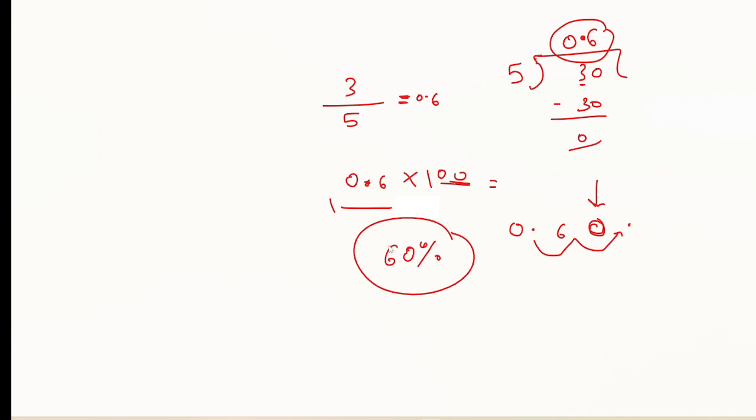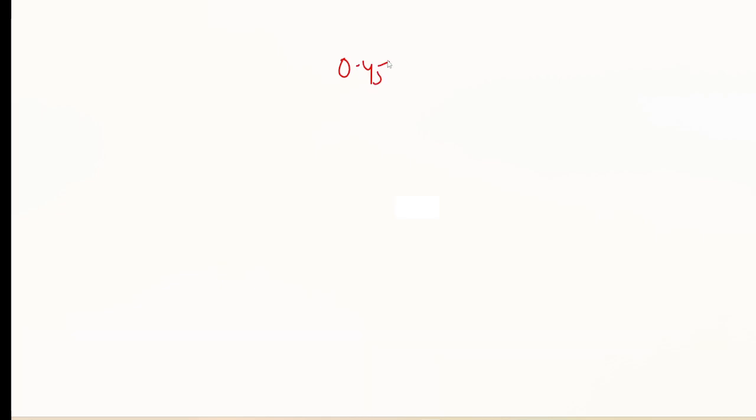We can convert a decimal to a percentage by multiplying it with 100. Let me take one more example, 0.45. If you want to convert it into a percentage, just multiply it with 100. There are two zeros, so you need to move the decimal towards the right by 2 places, 1, 2. So you will get 45%.